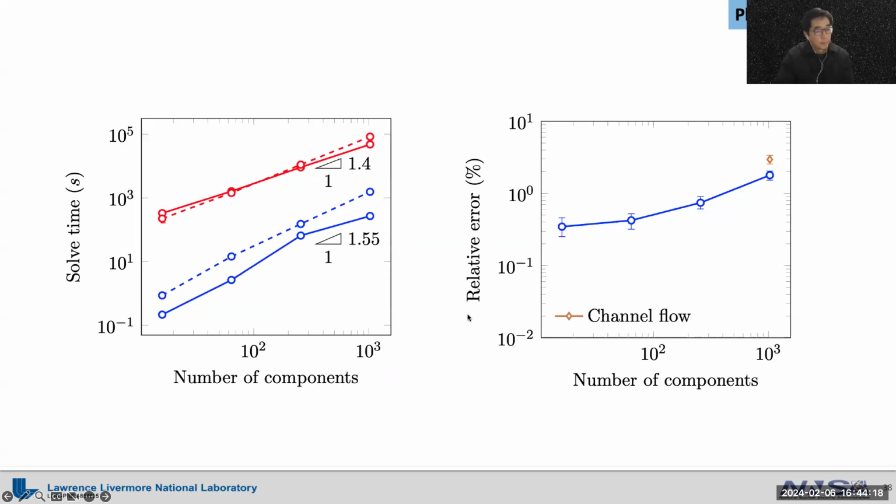There's a tendency that if you increase the problem size by introducing more components, the relative error tends to decrease. But as you probably all know, you can fine-tune the accuracy by increasing the basis size for each individual component. So this kind of method is possible.